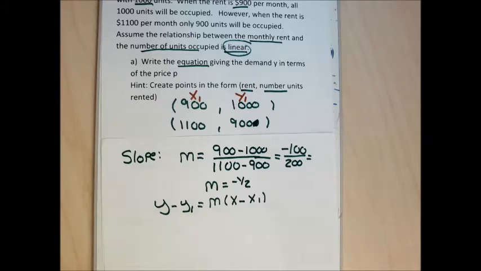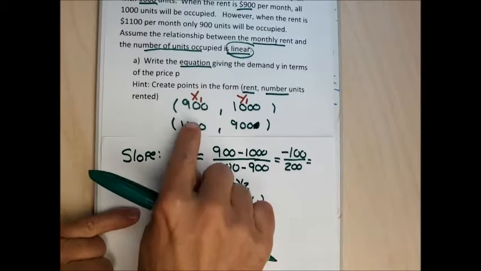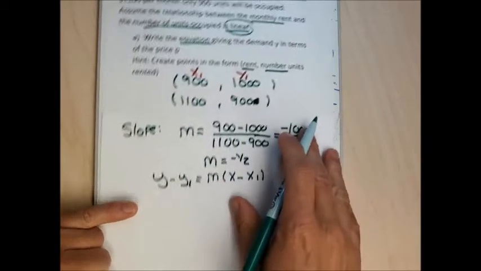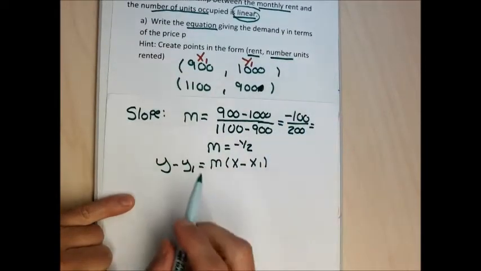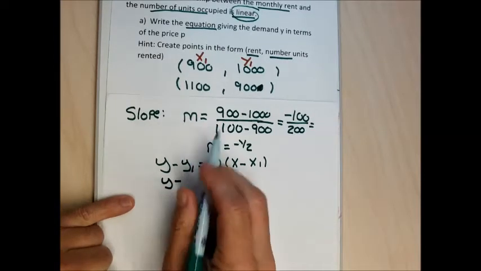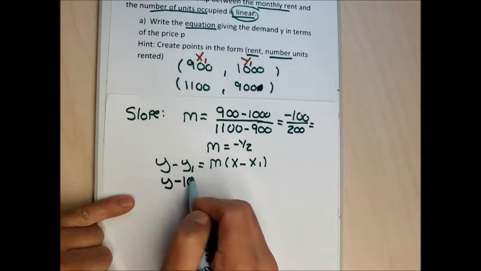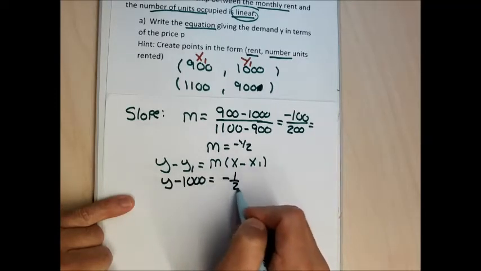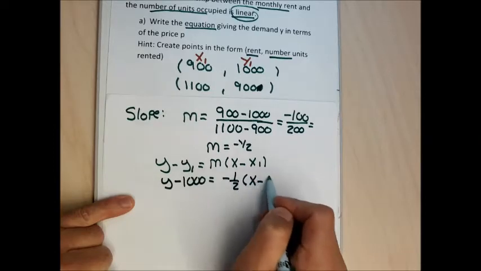If, when you went to find the equation of the line, you put 1,100 in for x1 and 900 in for y1, you'd get the same answer that I'm about to get. So now I'm going to do the algebra. y minus y1 equals m times x minus x1.